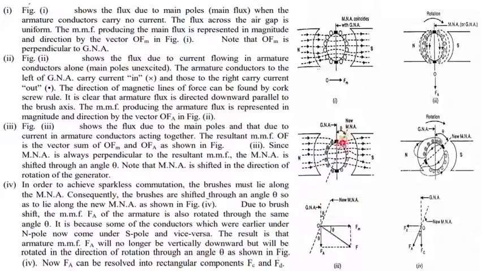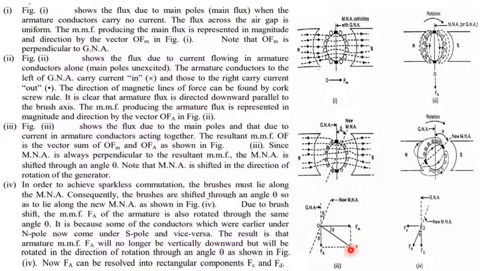Obviously the resultant force is perpendicular to this MNA. Here the vector diagram is shown. This is FA, the armature flux force, which acts in the downward direction, and this is the main flux force, which acts in this direction.